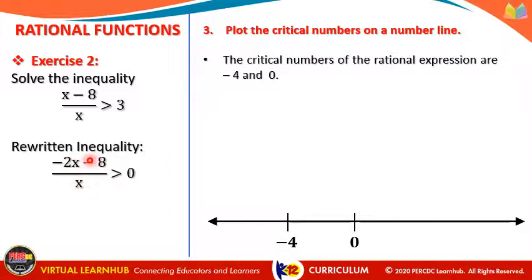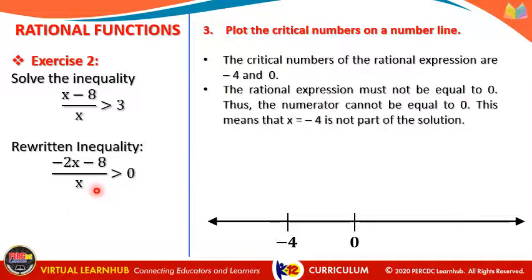Ito nga yung tanong. Pwede ba na ito ay maging 0? Kasama ba yung 0 sa ating solution? As you can see, hindi. Kasi ang nakalagay dito, negative 2x minus 8 over x must be greater than 0. So, dapat ito mas mataas sa 0. Meaning, hindi pwede na ang value ng ating rational expression ay 0.